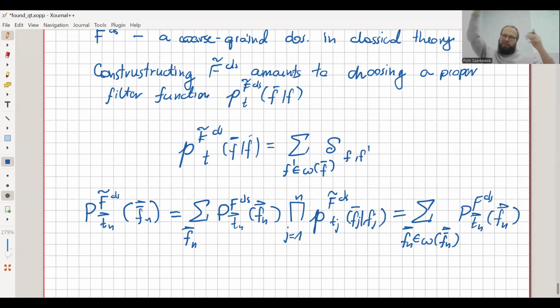In other words, classically speaking, the probability of getting a coarse-grained result is equal to the sum of probabilities of getting the alternatives the device is coarse-graining over.